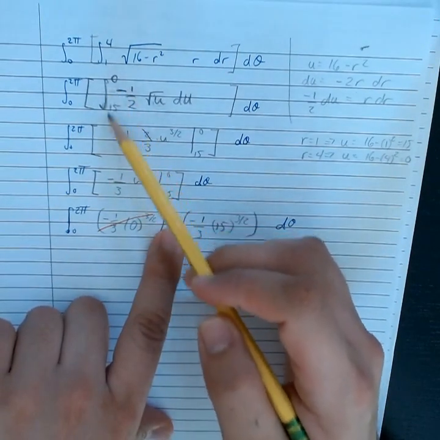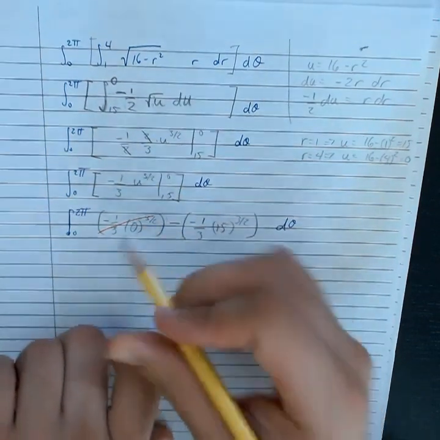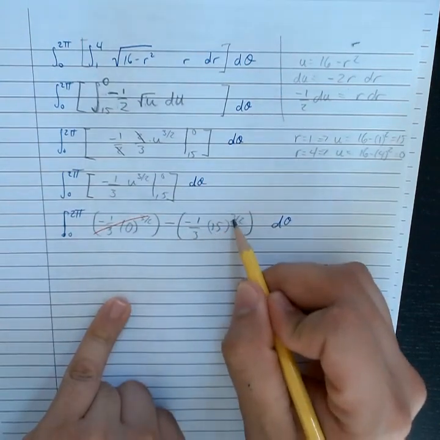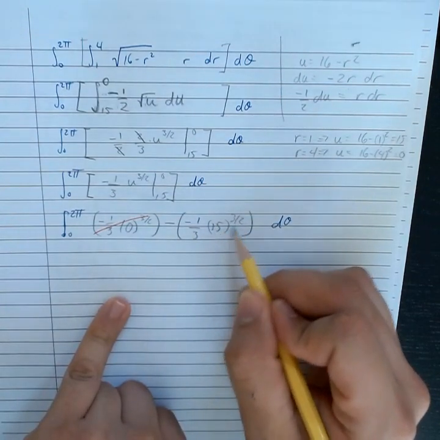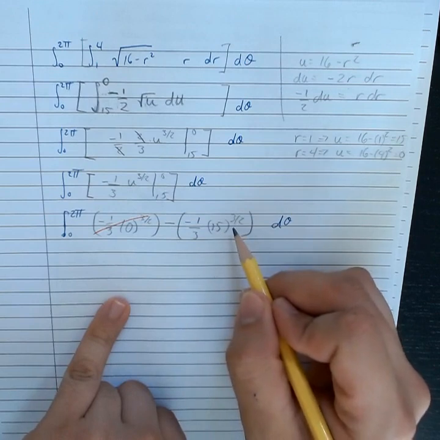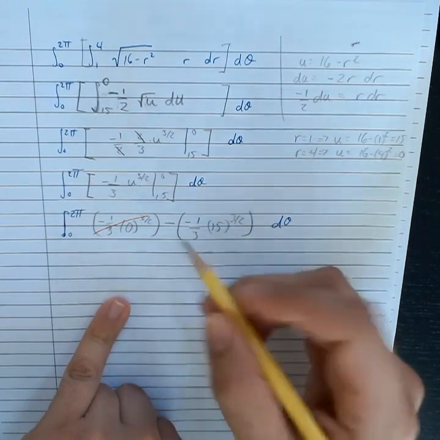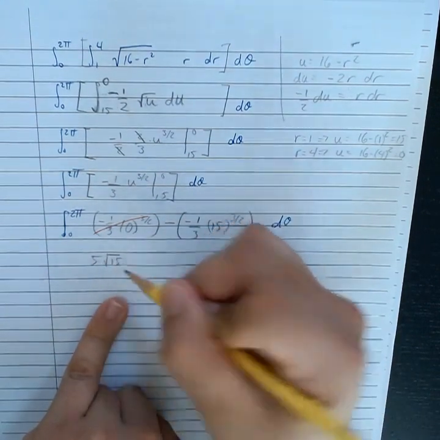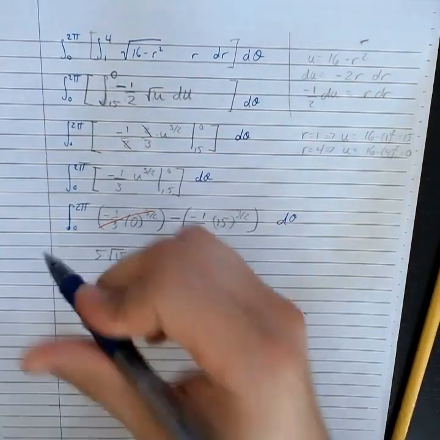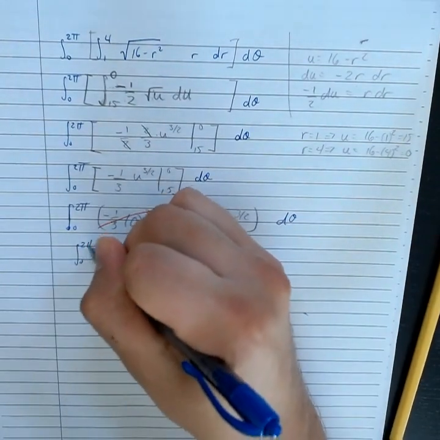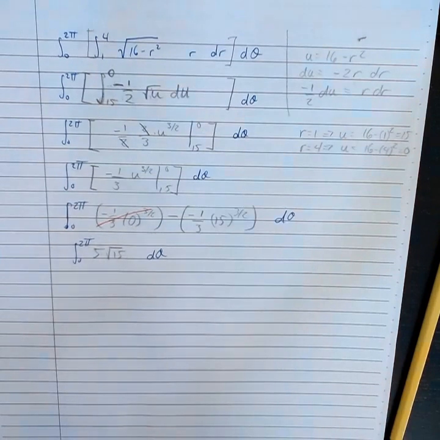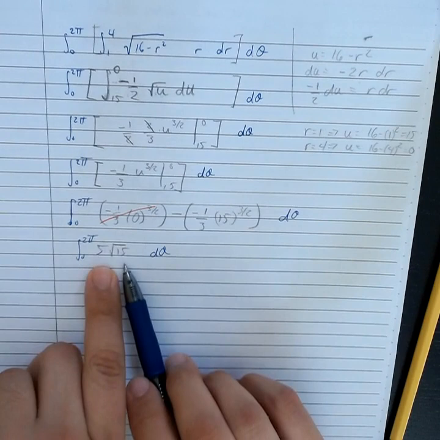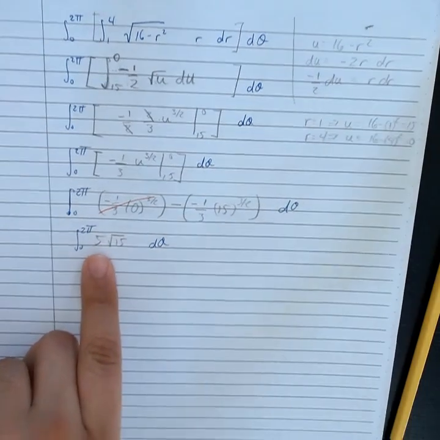That negative and that flipping around, they both go away. So this will give me a positive 15 to the 3/2. That's the same as 15 times the square root of 15. So if I take that 15 and divide it by 3, I get 5, and the square root of 15 stays put. So there we go. That's a constant. But now, if I'm taking the integral of a constant, that's just that constant times the variable, times theta.